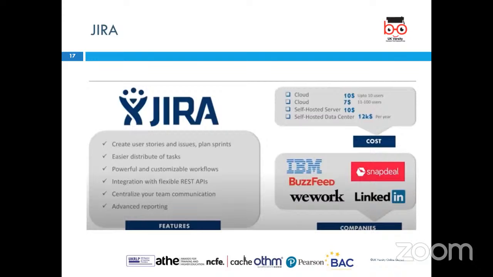And as you can see here, some of the advantages of using Jira are creating user stories and issues, planning sprints, easier distribution of tasks, powerful and customized workflows, integration with flexible REST APIs, centralized team communication, and advanced reporting.